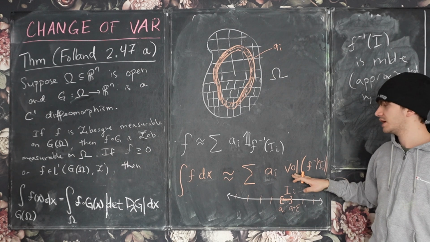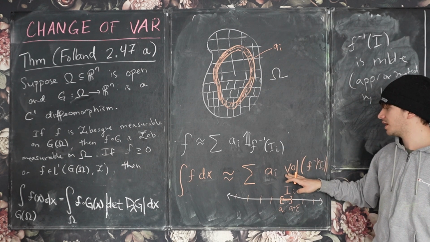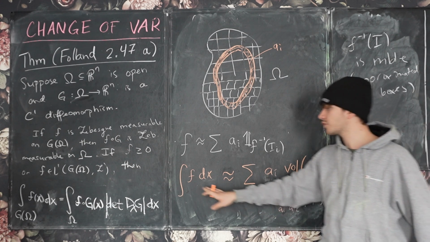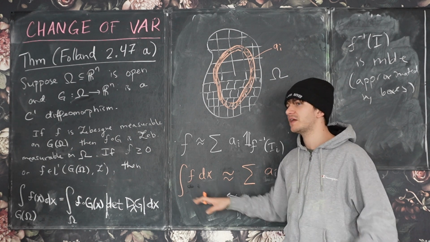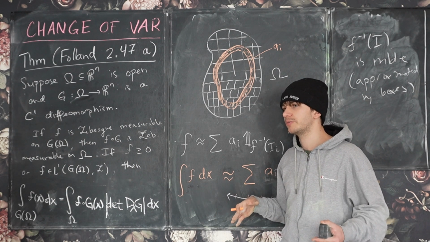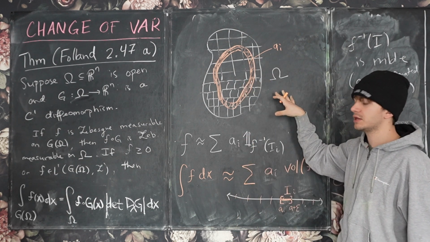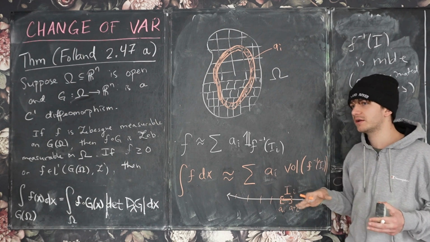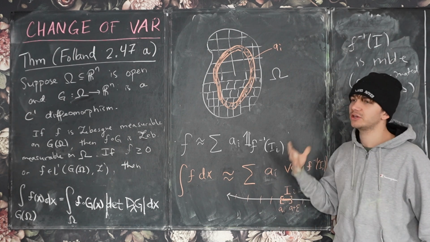If I sum over all these sets, I'm determining the overall or average value of f, weighted by the total volume of my region Omega. In particular, if Omega has total volume 1, then this sum will give me the average value of f. Another way you can think about it is visually, by using colors.